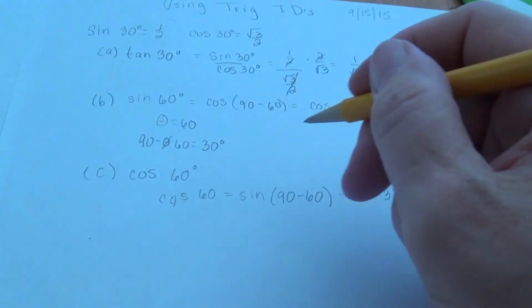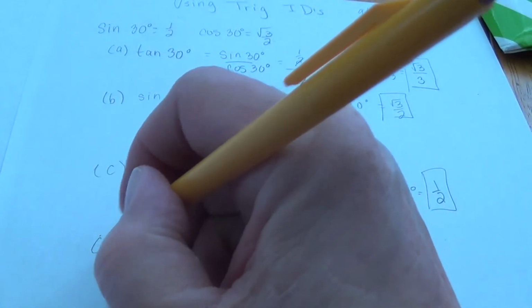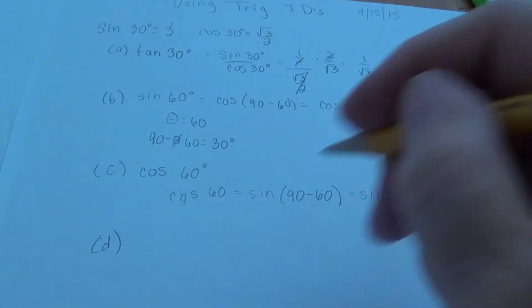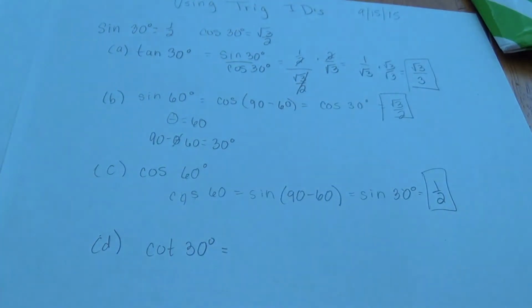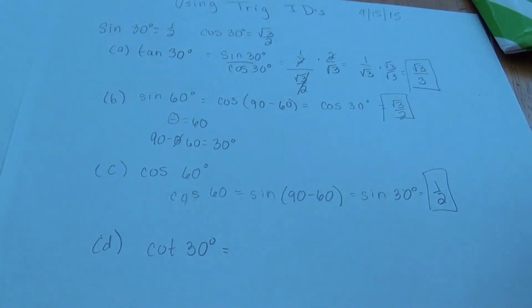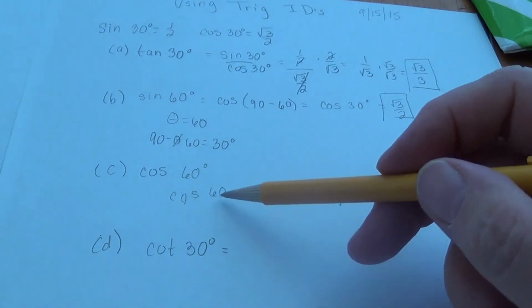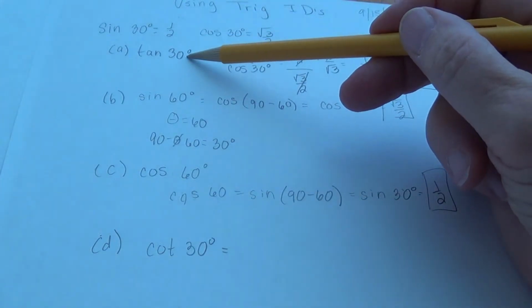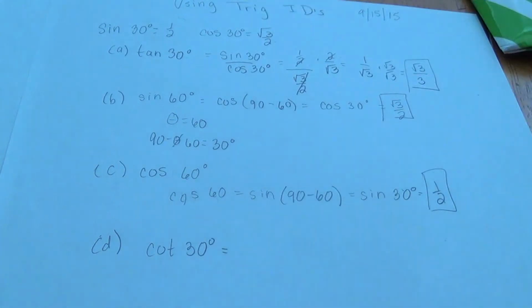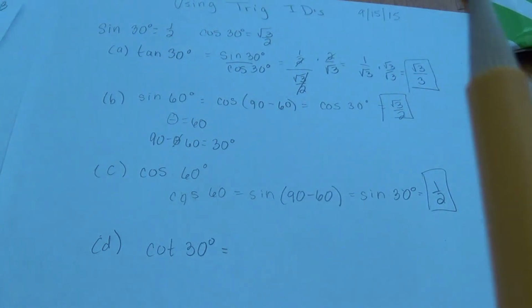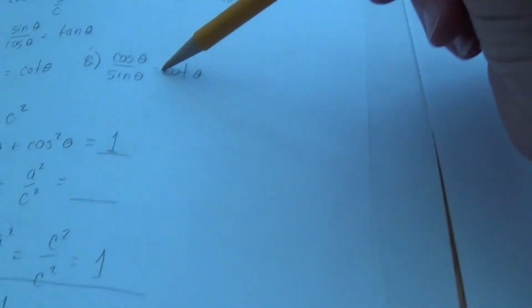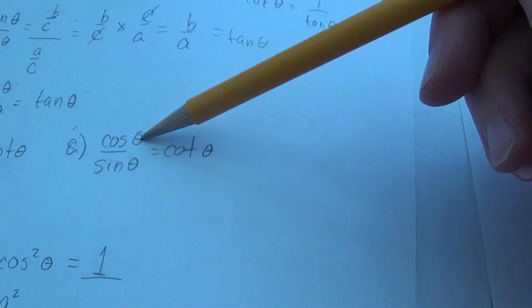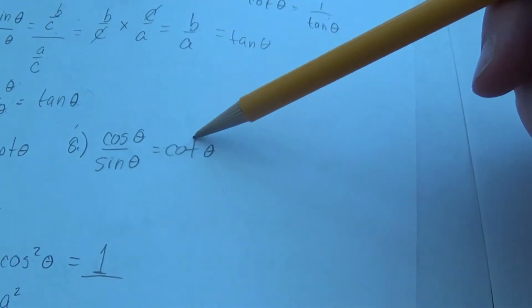And lastly, part D. Just a short example tonight. Cotangent of 30. The trig ID that helped me with that is not these co-functional relationships, but one more similar to the one like tangent of 30. And that was one of the first ones we did. It was number 8. Right here's the final version: cosine of theta over sine of theta is cotangent.